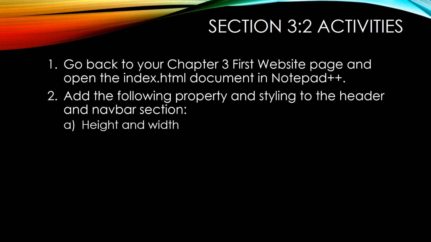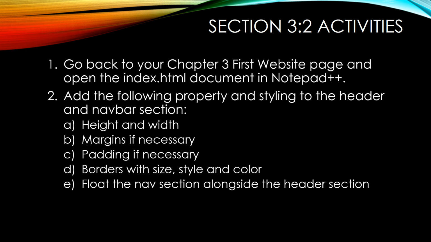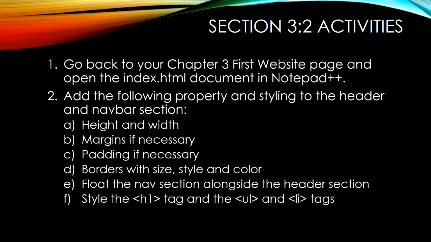You want the height and width, margins if necessary, padding if needed, borders with size, style, and color. You want to float the nav section alongside the header section. And you want to style the H1 tag and the UL and LI tags. Last, create your button selector.